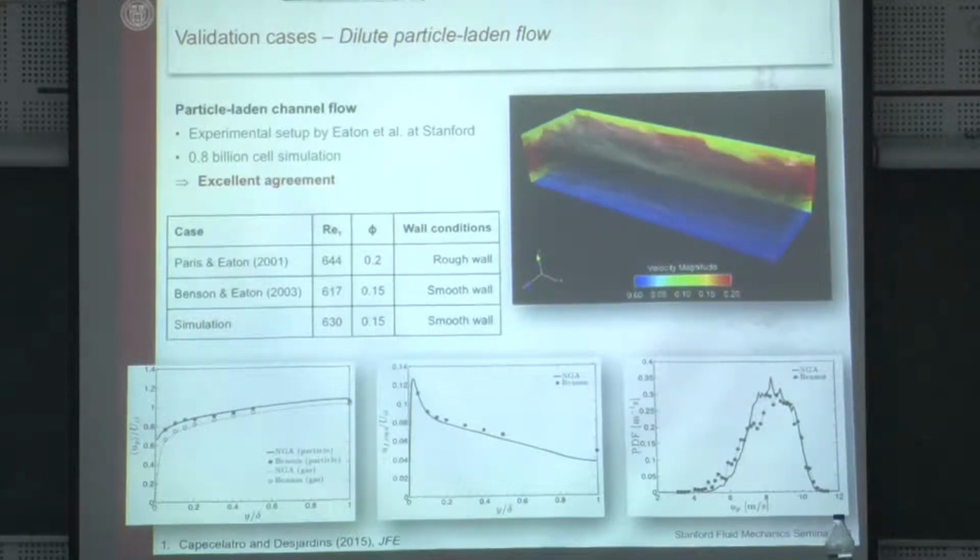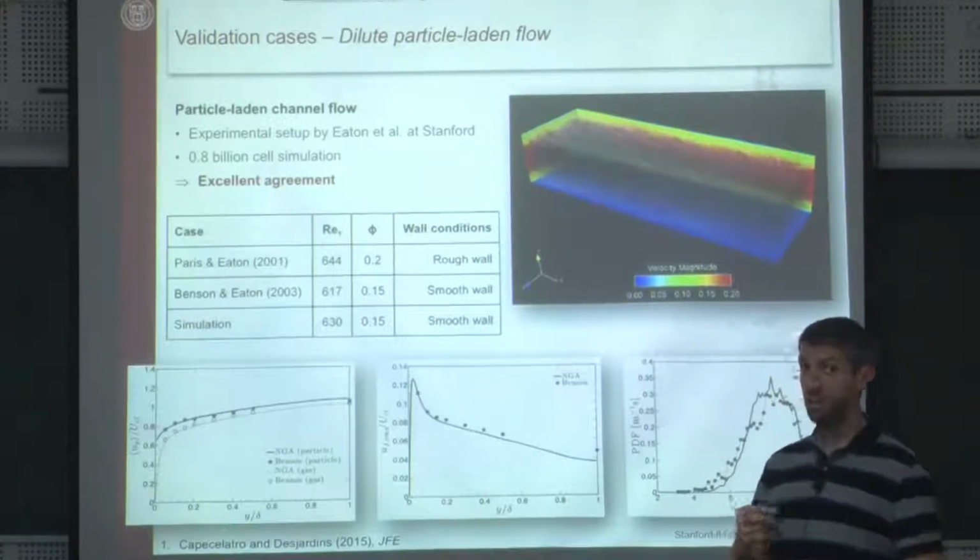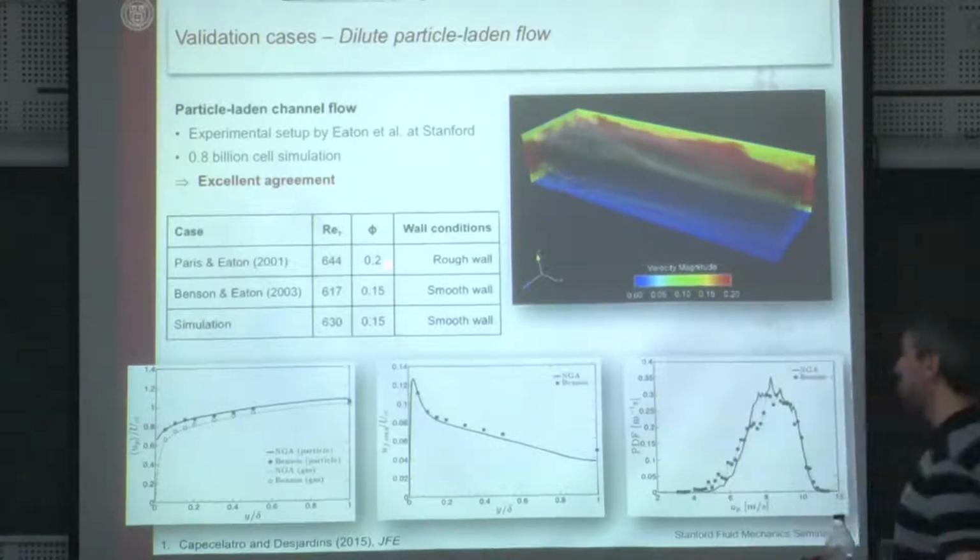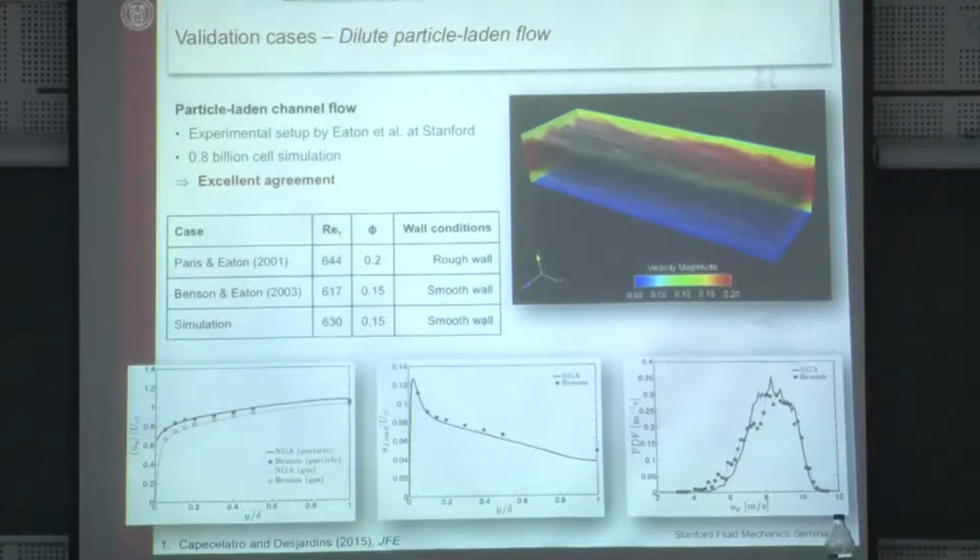Okay? So we do full DNS of the gas phase, and now we're adding particles to match the Benson data at 15% in mass. The corresponding volume fraction is very small. It is in fact less than 10 to the minus 4.